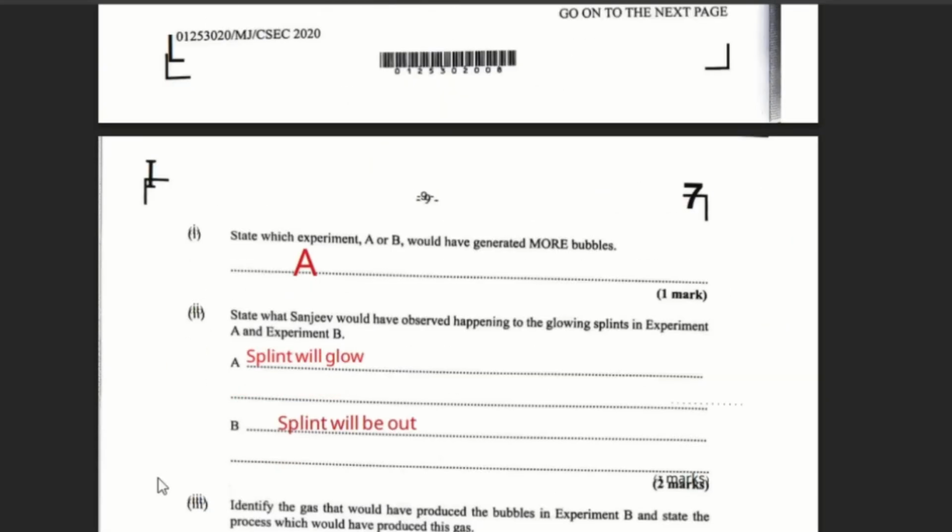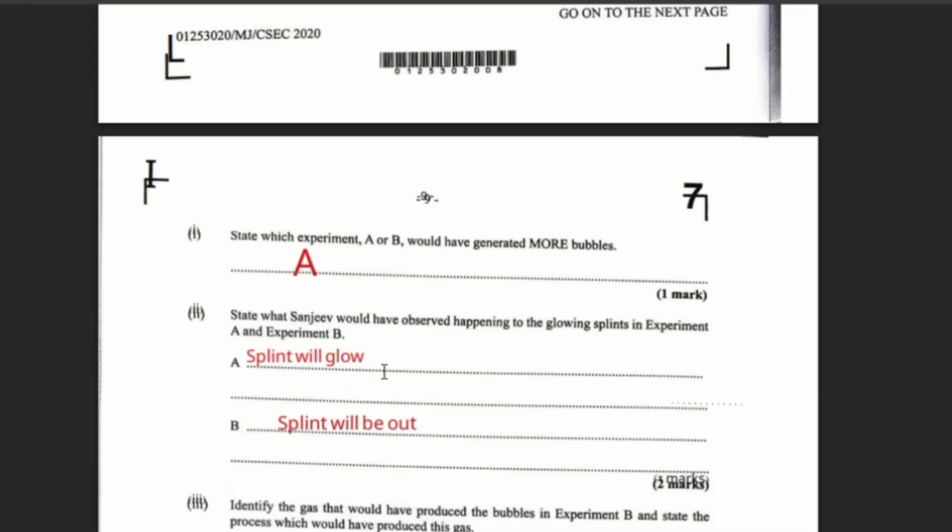So now the next question says state what Sanjay would have observed happening to the glowing splints in experiment A and experiment B. So basically in experiment A, because the plant is photosynthesizing a lot, it is going to be producing a lot more oxygen bubbles, right? So the bubbles will be coming up.